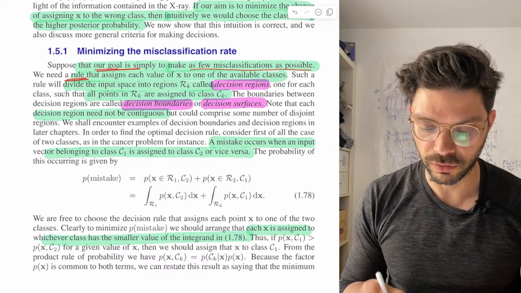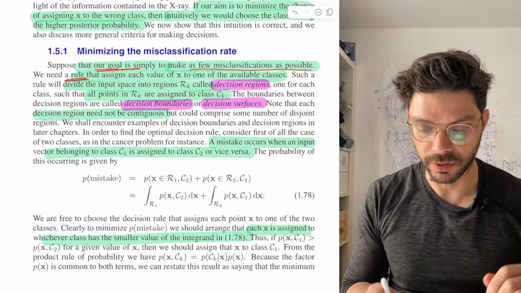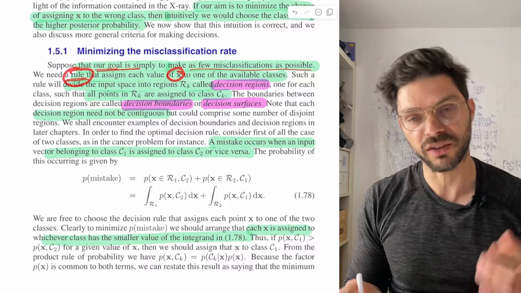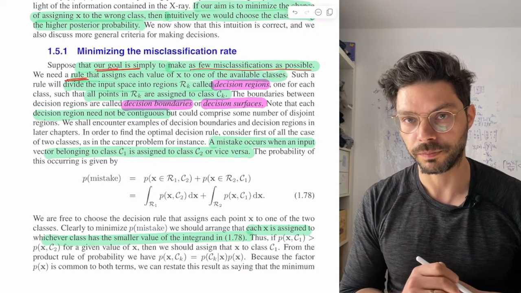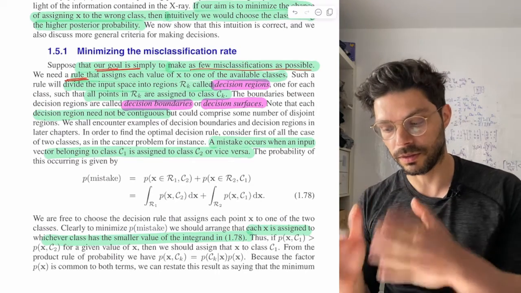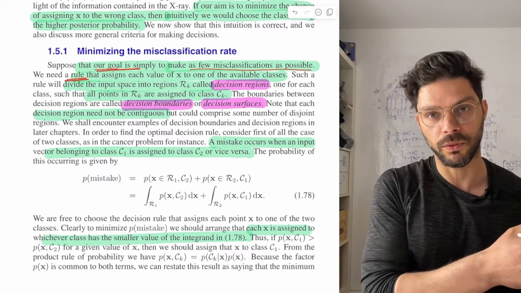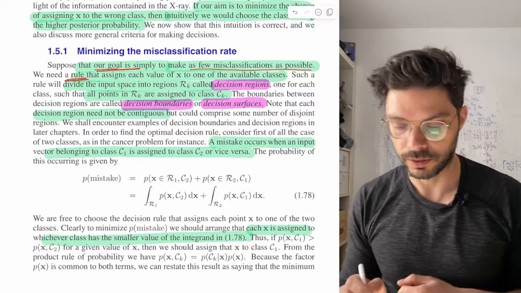That's going to amount to coming up with a rule that assigns each value of x, for example those images, to one of the available classes. So, does this image map to what we think is a person with cancer or not?